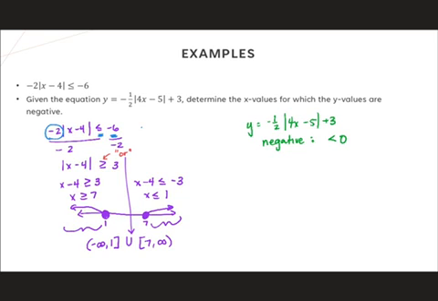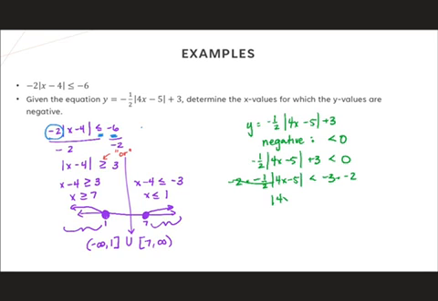So what this is asking you to do is say that -1/2, the absolute value of 4x minus 5 plus 3 is less than 0. So -1/2 times the absolute value of 4x minus 5 is less than -3, multiplied by a -2 to cancel this out.